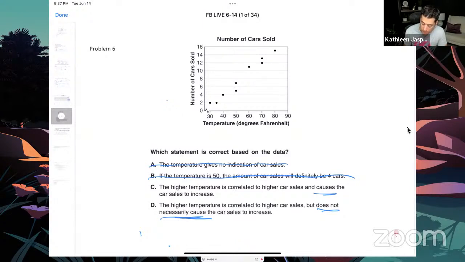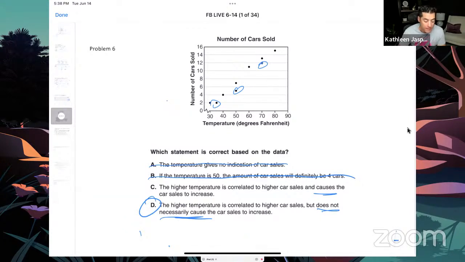Yes, correct, it's correlated, but does not necessarily cause the high car sales because we get these little outliers here. And again, we're only going off of this chart. So these three right here are what can give you the right answer correctly using D, because it says not necessarily. It's the more right answer, okay?